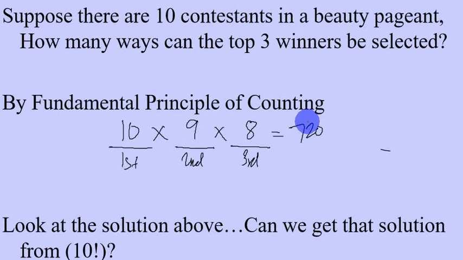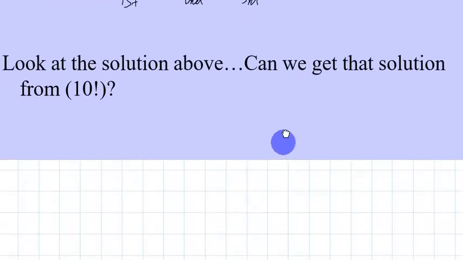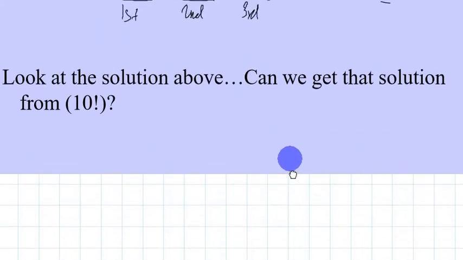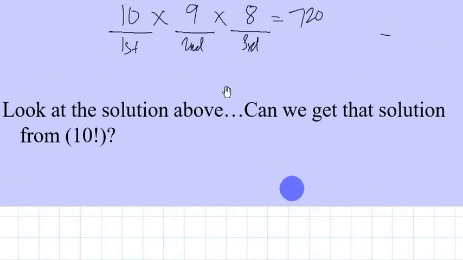If that is the case, can we get a solution from the factorial notation? Because it will be quite difficult once our problems get more difficult or more complicated than this. Let's think about it. So, let's keep that one.